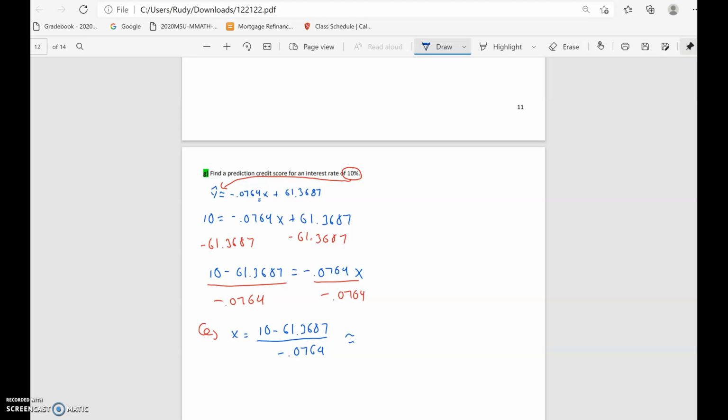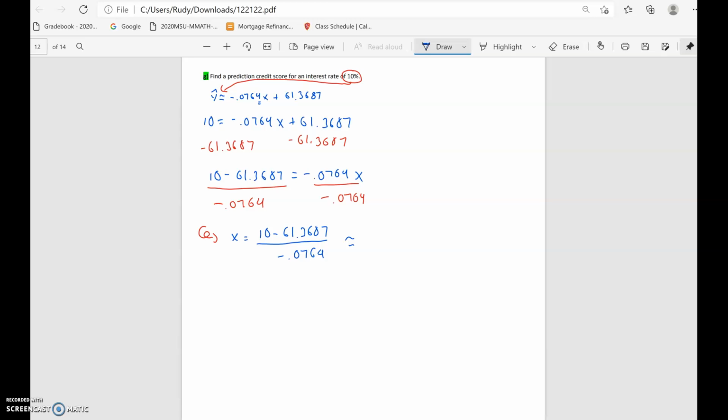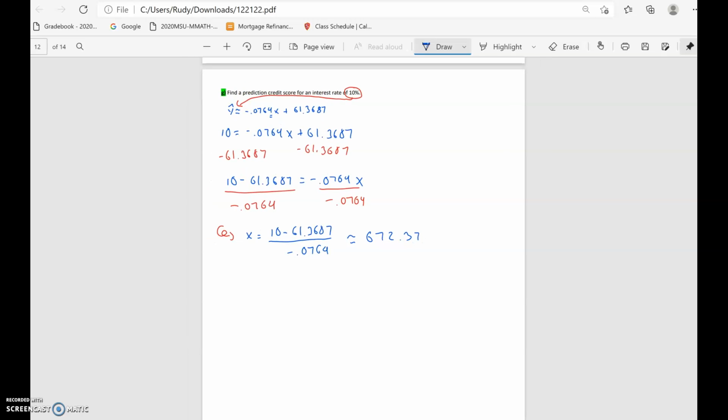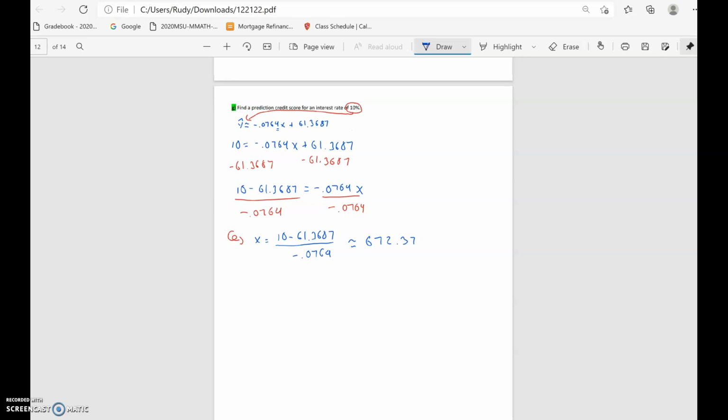So 10 minus the 61.3687 divided by negative 0.0764. And I'm obtaining 672.37. Let me double check that calculation. 61.3687. Yep.